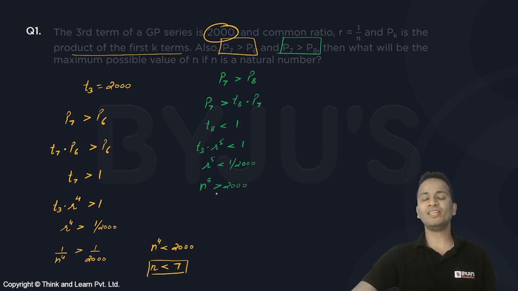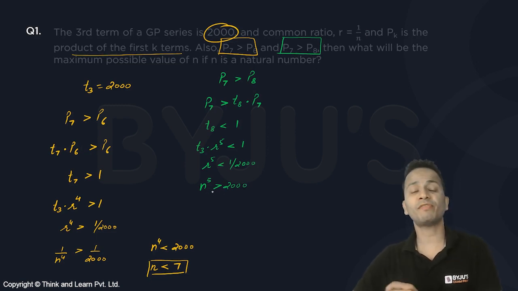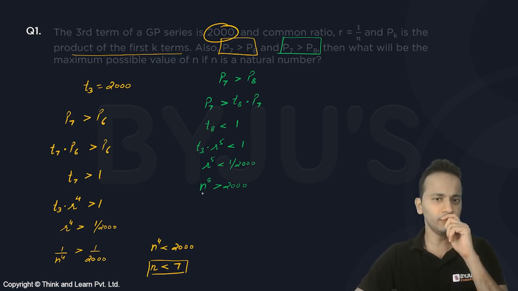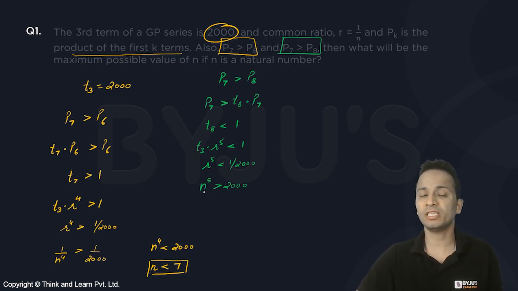Okay, so what will be the value of n for which n raised to the power 5 will be greater than 2000? So it will happen when n equal to 5, does it? So n equal to 5, it will be greater than 3000. n equal to 6, greater than obviously 2000. Okay, but let me check for n equal to 4.